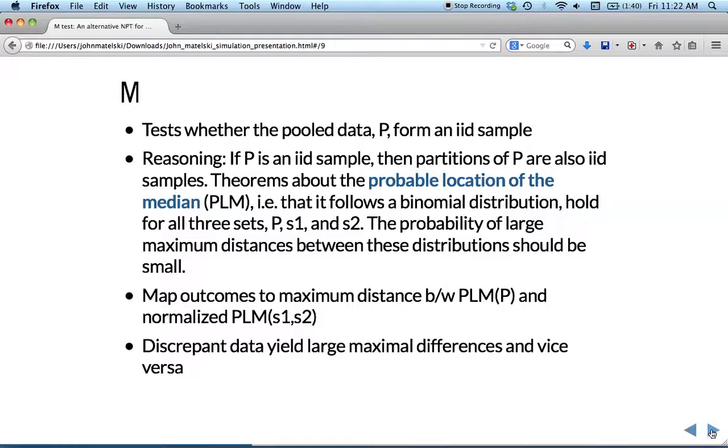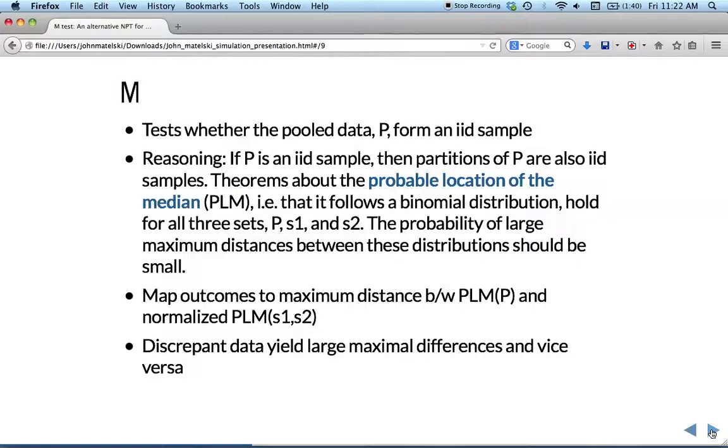So I've mentioned you're getting three different ideas of where the median is. How do you get the distance between those distributions collectively? What I suggest is you want to consider the probable location of the median under the pooled data.